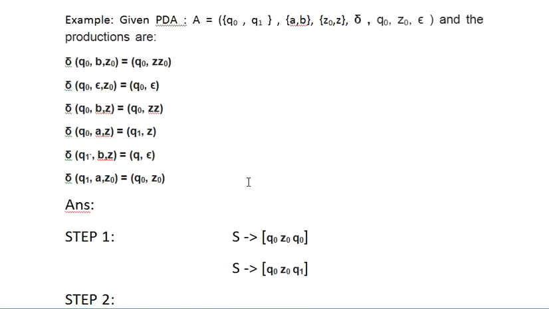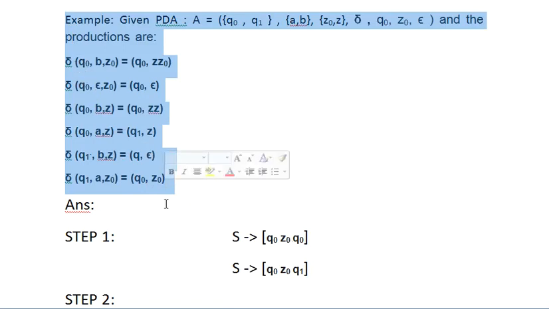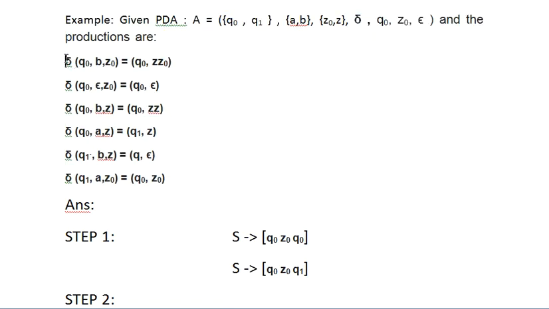In the next lecture, one more thing before going into that particular topic, I would also suggest that if you are getting an example like this in your exam, you can directly convert. You have to write down the productions for every transition. You cannot skip anything.